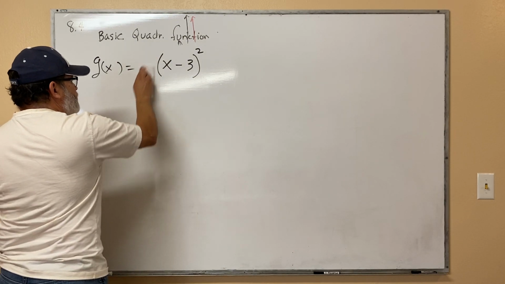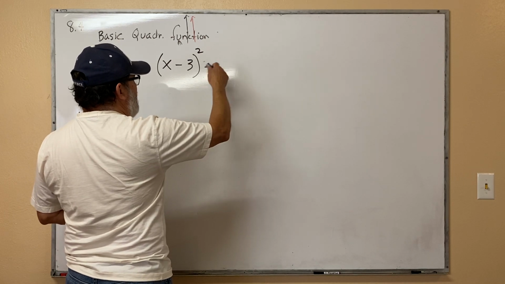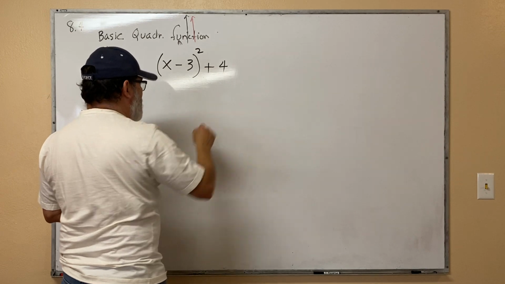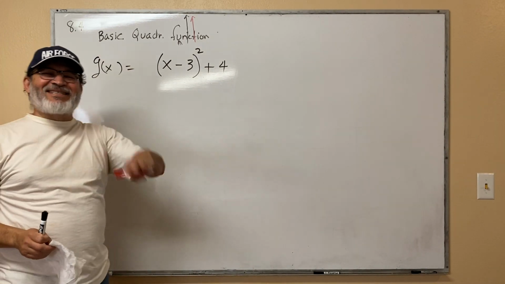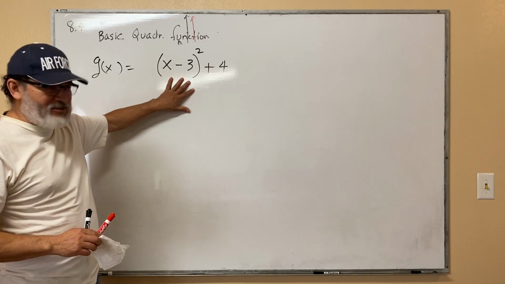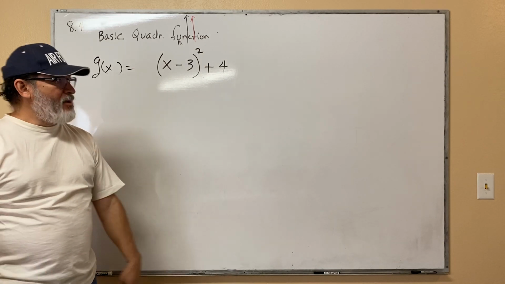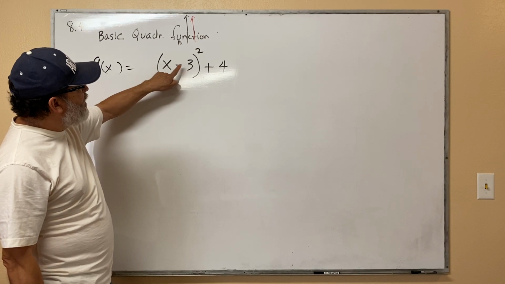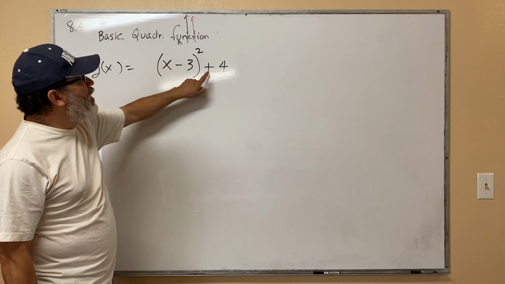Get rid of this 2 and do this plus 4. This is a parabola. Remember, it's the basic parabola, but this one has been shifted 3 times to the right, 4 up.